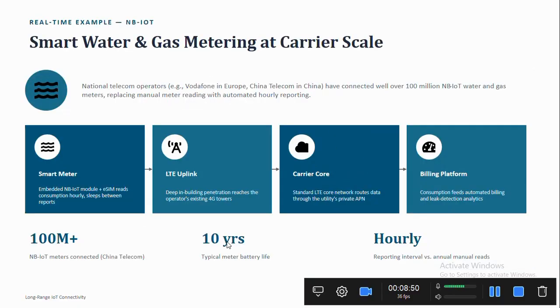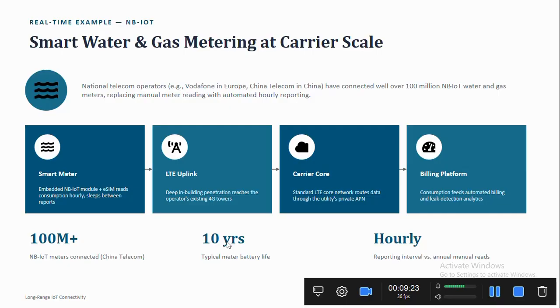And here is a use case governed by smart water and gas metering at carrier scale. National telecom operators like Vodafone in Europe and China Telecom in China have connected well over 100 million NB-IoT water and gas meters, replacing manual meter reading with automated hourly reports.